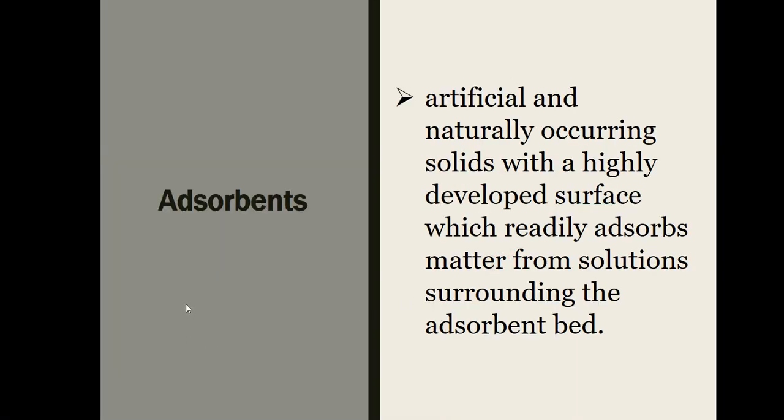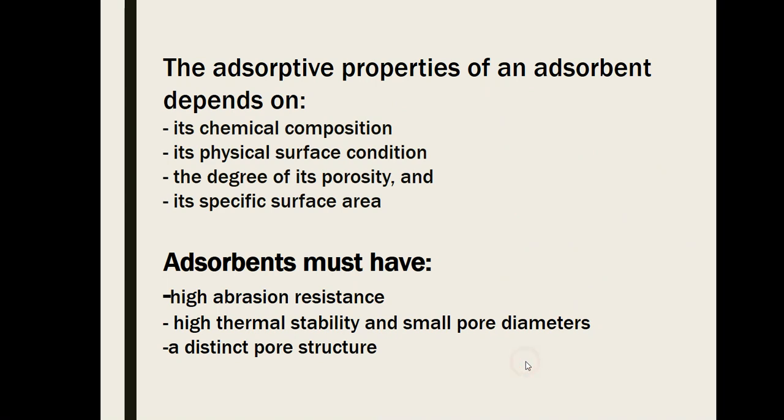Now adsorbents are materials that adsorb the component from a particular fluid, so they can be either artificial or naturally occurring with a highly developed surface which readily adsorbs matter from solutions surrounding the adsorbent bed.